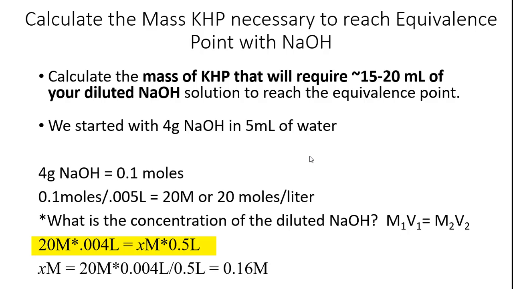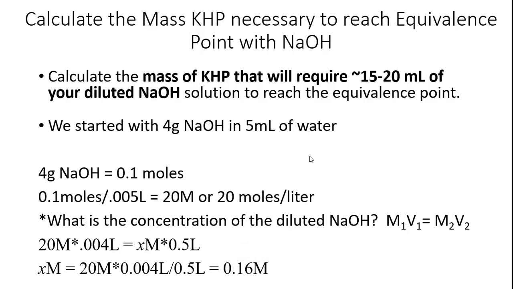So it's 20 molar times 0.004 liters. And then you set that equal to the molarity that you're looking for times 0.5, because we diluted the solution up to 0.5 liters, or 500 milliliters. Right? So if we solve for X, we see that the diluted sodium hydroxide solution is 0.16 molar.